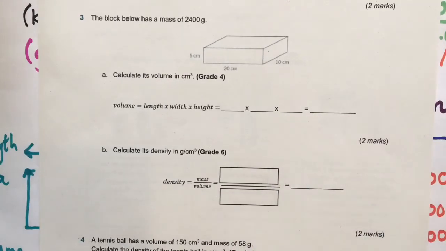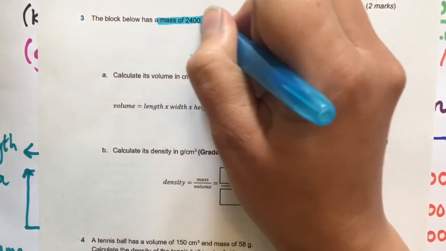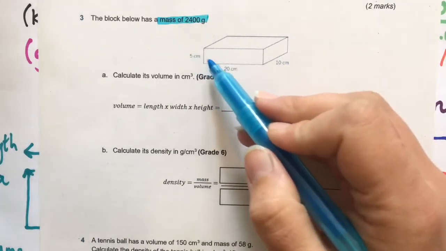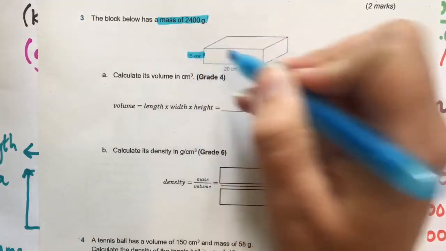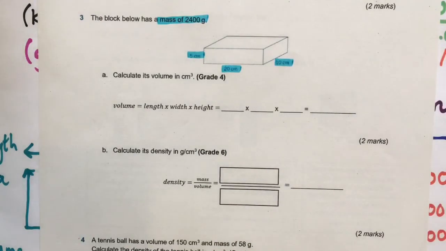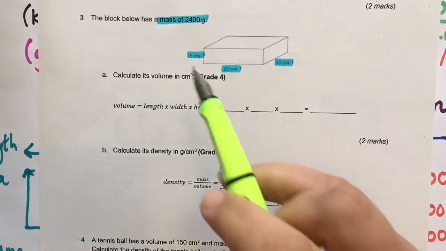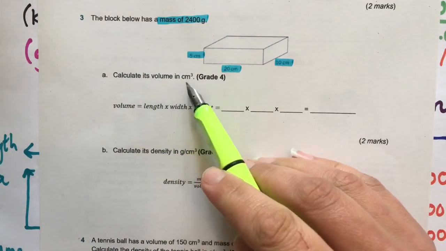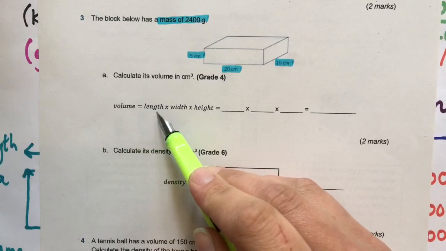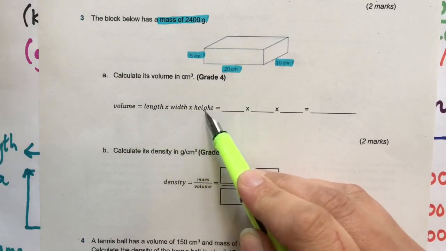The block below has a mass of 2,400 grams. And then on the diagram it gives us some information: 5 centimetres, 20 centimetres and 10 centimetres. Calculate its volume in centimetres cubed. Volume equals length times width times height.